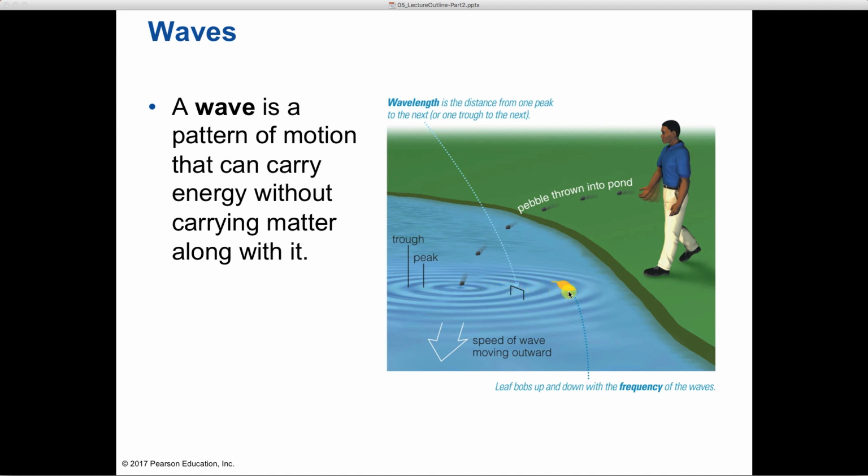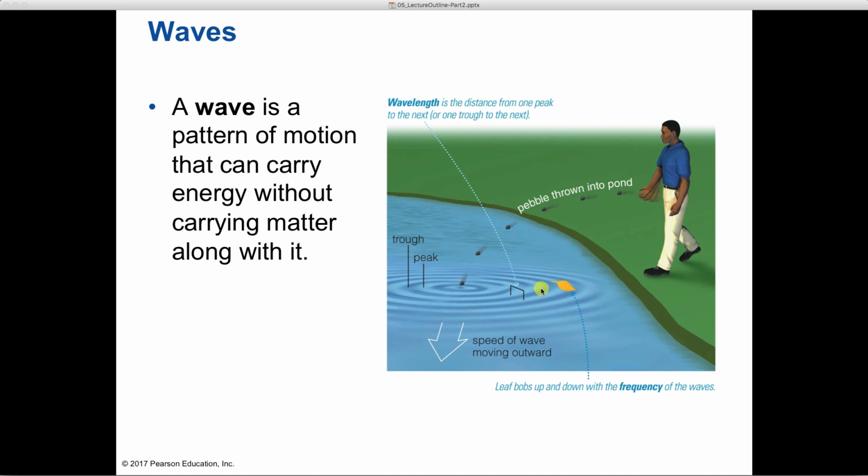If you have something floating on the water, like a feather, you would see that the feather just bobs up and down as these peaks and troughs pass by it. The distance between adjacent peaks or adjacent troughs is something we call the wavelength. So the wavelength of a wave is the distance from one peak to the next, or from one trough to the next. The waves travel away from where they're created at a certain speed, whatever the wave speed is.